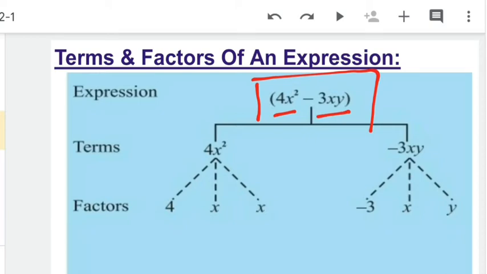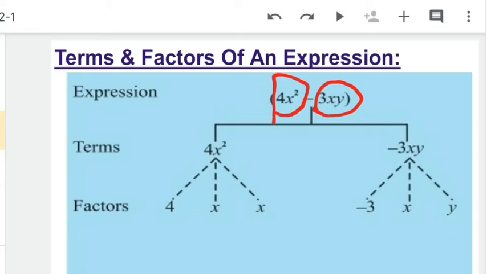First we have to focus on terms, that is how many terms we have in this expression. We can separate the terms in an expression with the help of operation. In this given expression we have two terms. The first one is 4x square and the second one is 3xy.